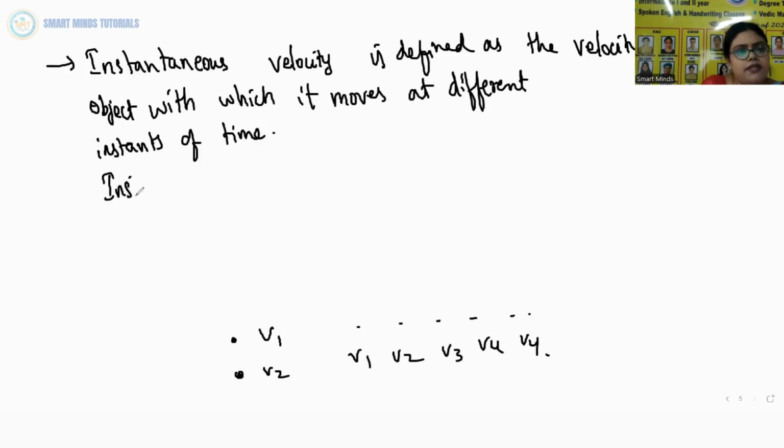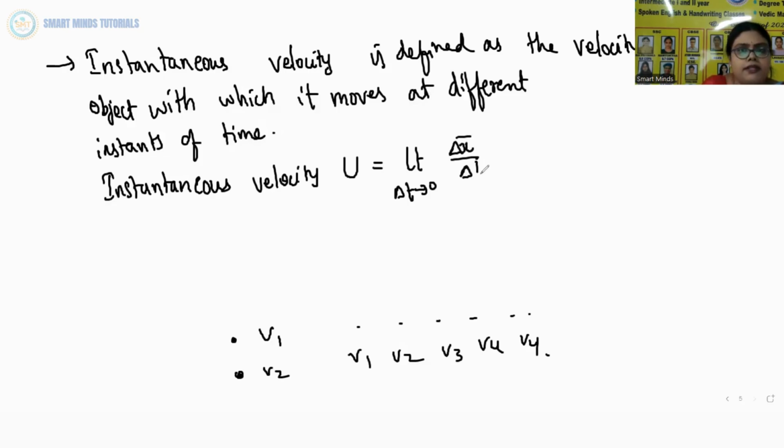So instantaneous velocity is denoted by u, and that is limit delta t tends to 0, delta x bar by delta t, or you can write dx bar by dt.